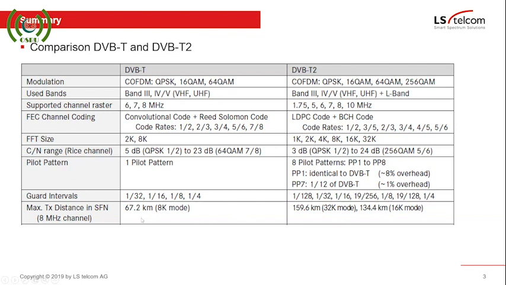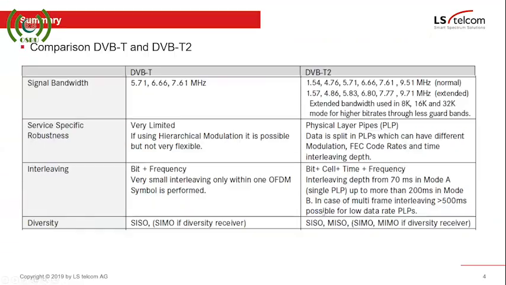So there you can see for T1, you only have a maximum of 67.2 kilometers in the 8K mode, and with T2, you can go up to 159 kilometers guard interval, which gives you much larger SFNs that can be implemented for T2. Okay, then on the signal bandwidth, yes, it's slightly different for the different bands that are being used.